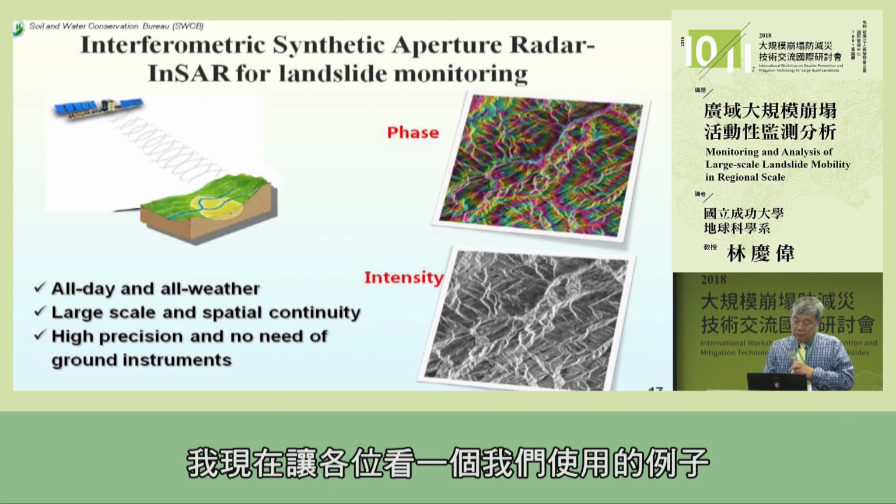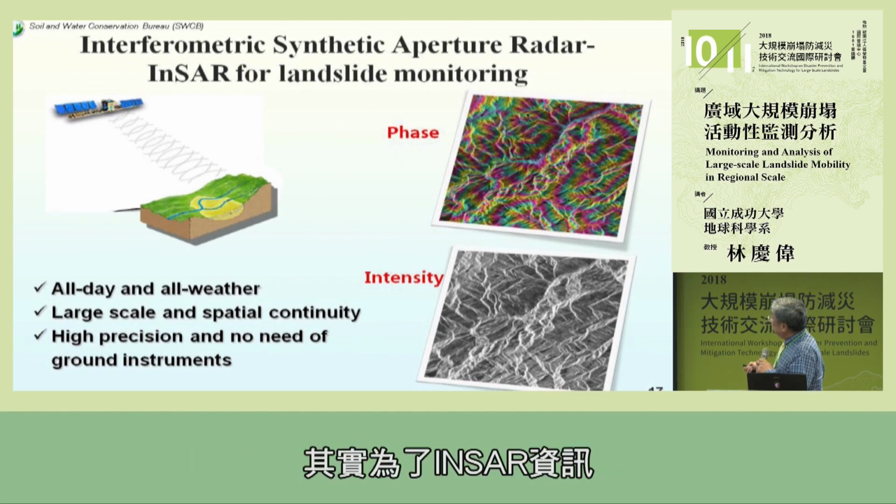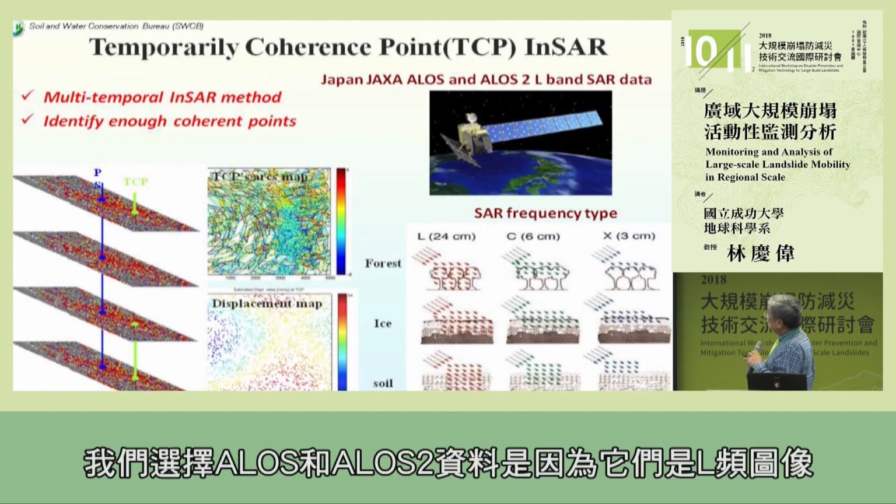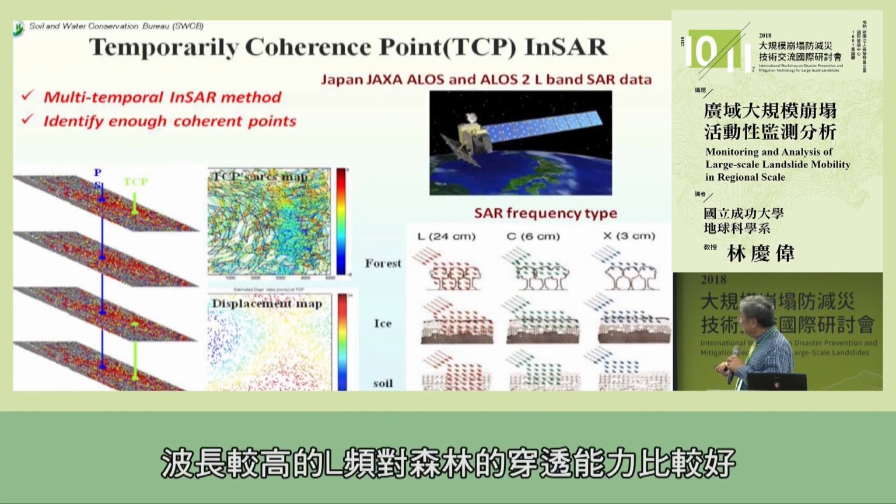Now I show you one example. For the InSAR information, we use JERS, ALOS, and ALOS-2 data. The reason we chose ALOS and ALOS-2 data is that they are L-band images, and L-band, with its longer wavelength, has better penetration ability into forest.